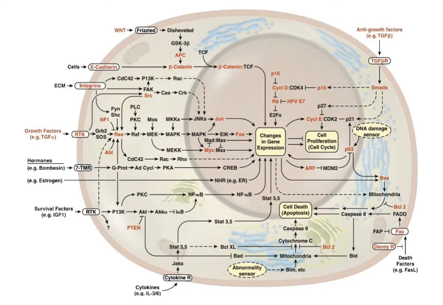So this is a diagram showing where some of the genes and proteins that have been found in different tumors. These are the ones, the labels in red. So there's RAS, which we talked about before. There's the Abelson that I just talked about.